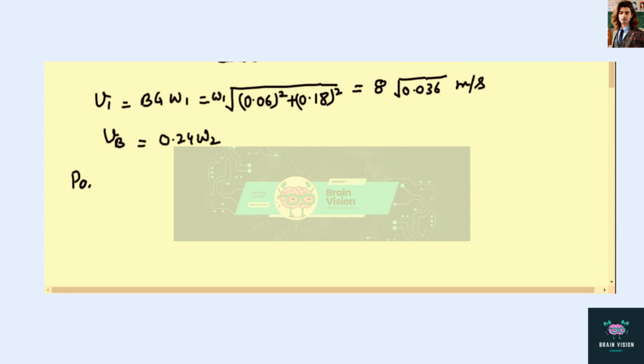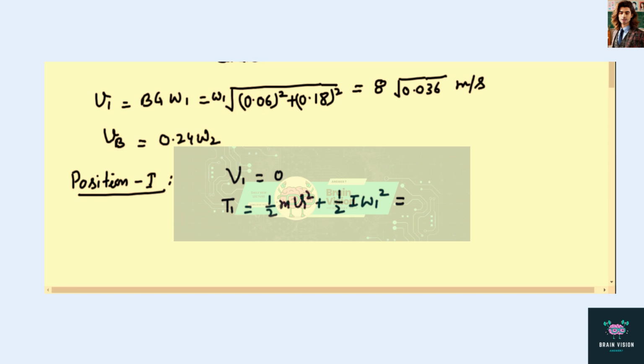Position 1. Gravitational potential energy is 0. Kinetic energy is half m v1 squared plus half I omega 1 squared. Mass is given 3 kg. Speed we have measured, 8 into root of 0.036.